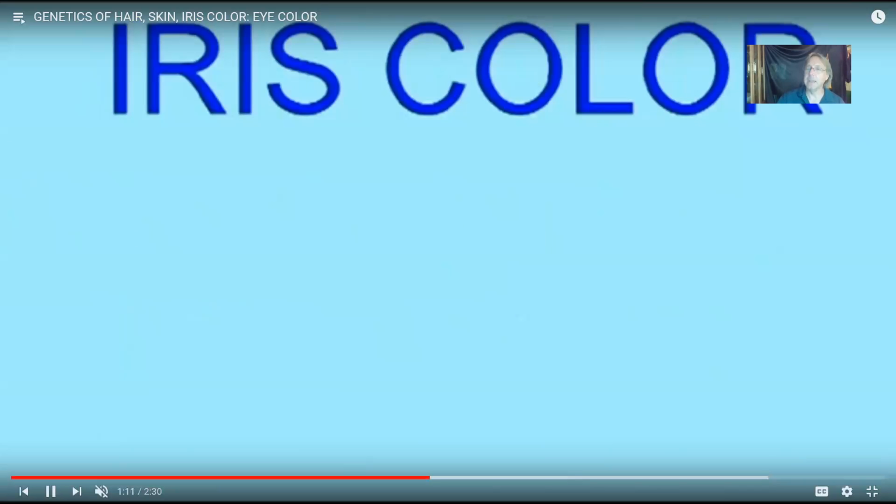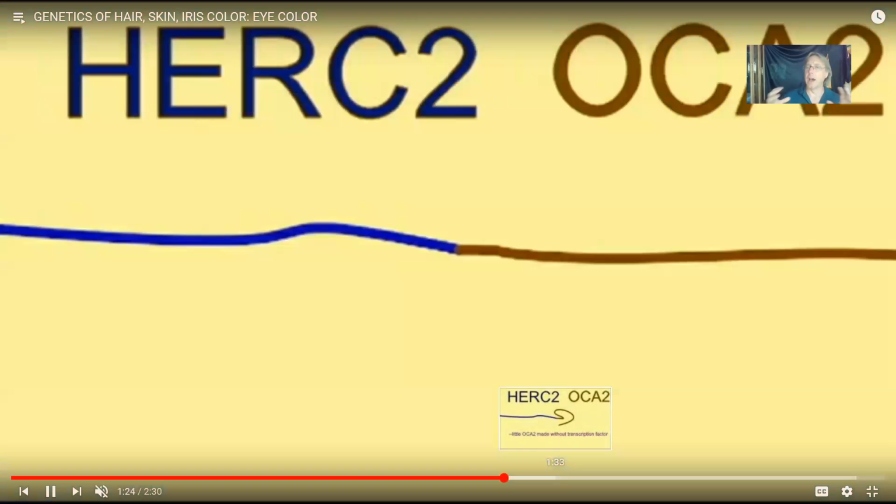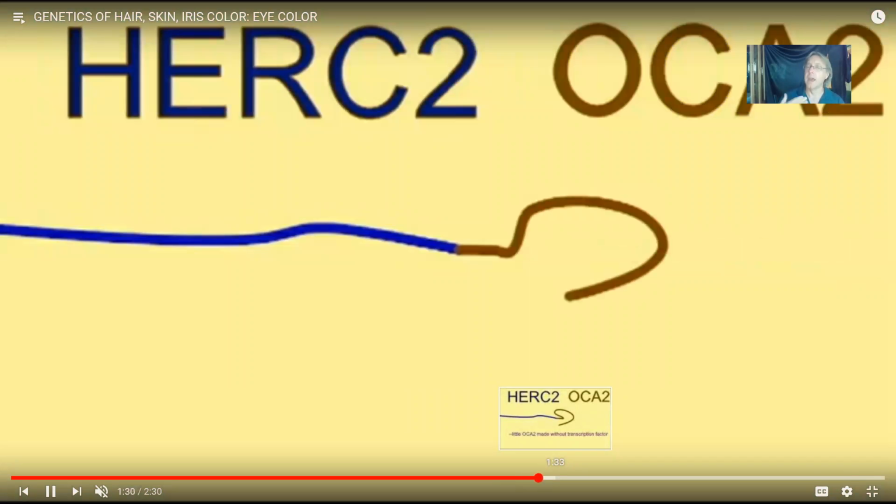But its neighbor is where a factor will bind, which allows the transcription of the first gene, the OCA2 gene. As we can discuss later, chromosomes can change how they package genes on a protein scaffolding, and this changes how accessible they are.